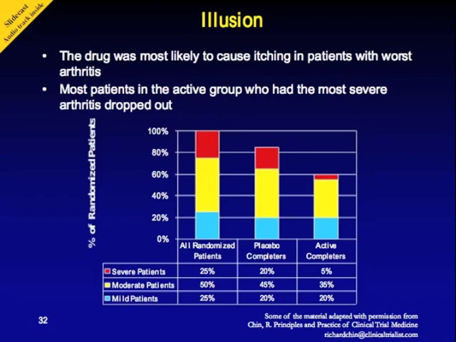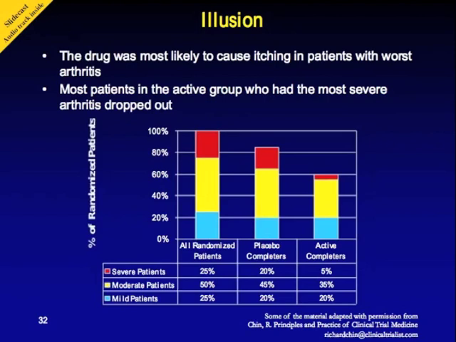So the patients who dropped out are the patients who had the most severe disease to begin with, and therefore, when you look at the patients who completed the study, what you're left with is a sample that is missing those severe scores from the patients who dropped out.